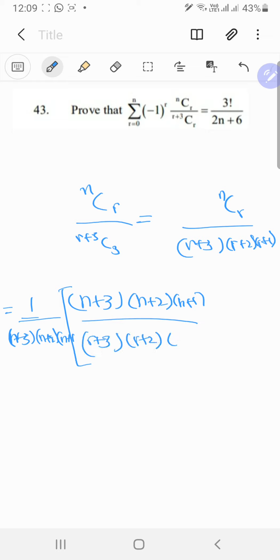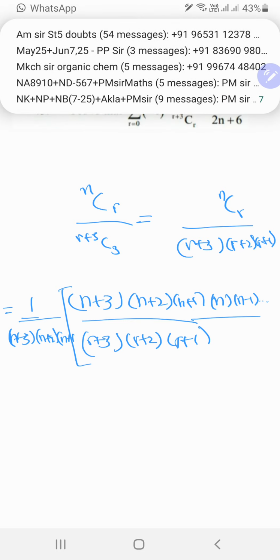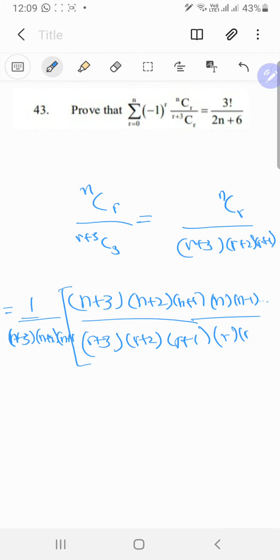That's just for symmetry, because nCr can be written in a similar fashion, like into n minus 1 and so on. So r of those, and then r minus 1 and so on, eventually till you get 1. So here you got r terms and then plus 3 terms. So you got r+3 terms. It's almost like r+3 factorial over there.